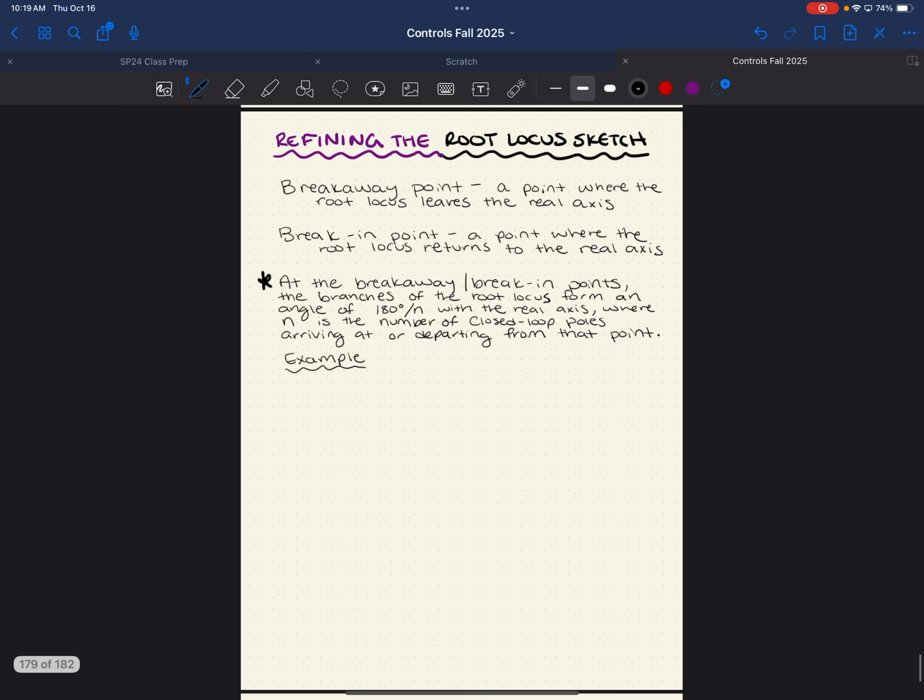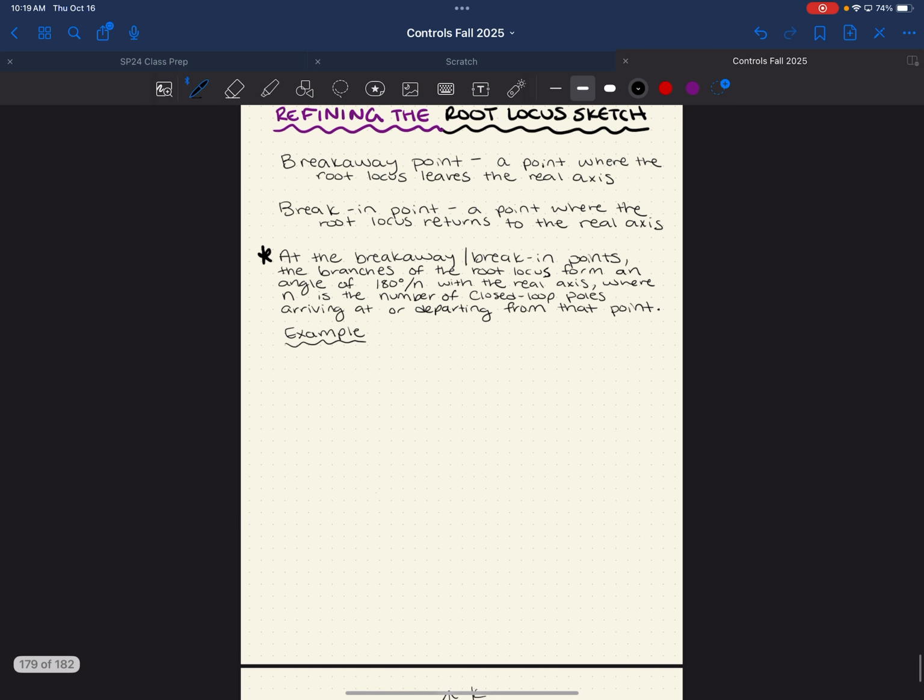So if we have two branches coming in at the same break-in point, they will come in at angles of positive 90 and negative 90. They'll come in at 90-degree angles in order to satisfy this rule. So let's look at an example.